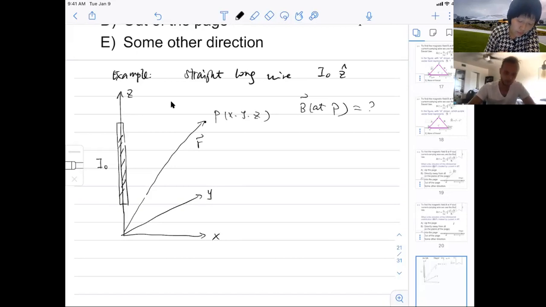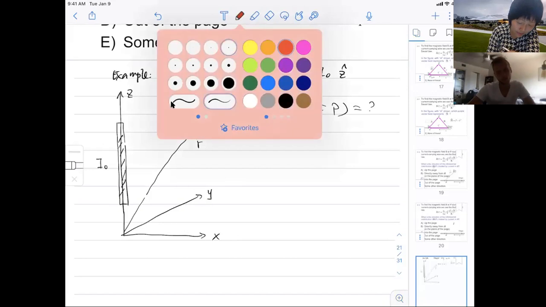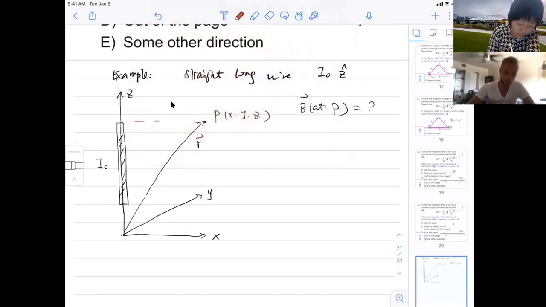All right, so we need to find the curly R. Also, we need to label our source as dL. So by looking at a little chunk of current over here, that's dL. It's probably easier if we use cylindrical coordinates because we have a long wire.